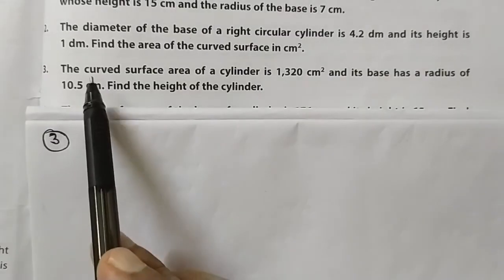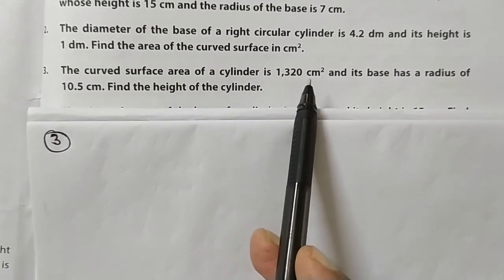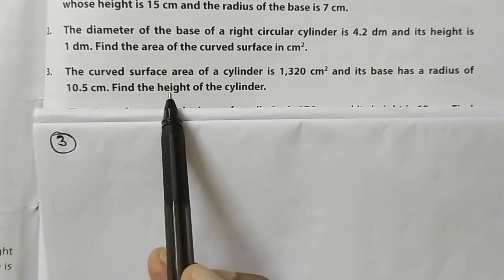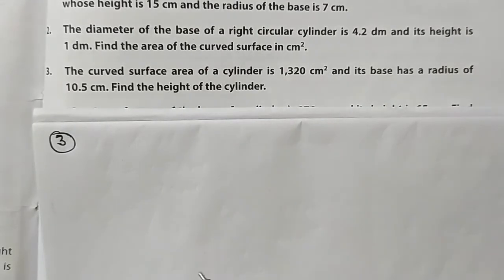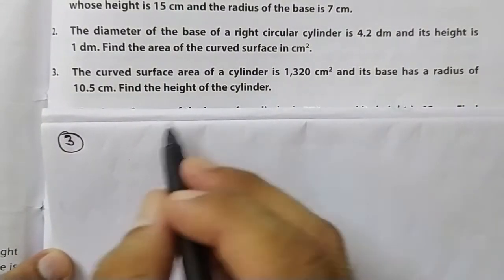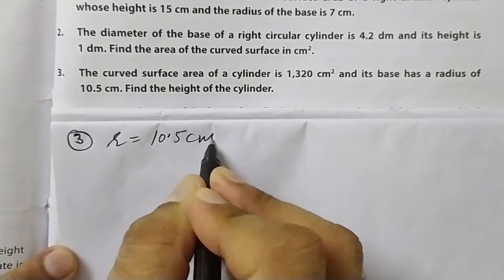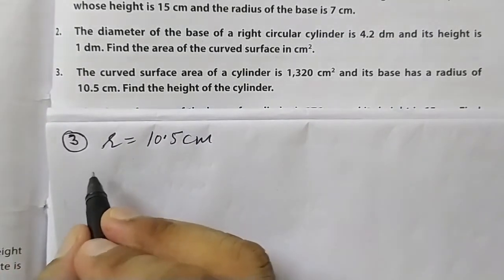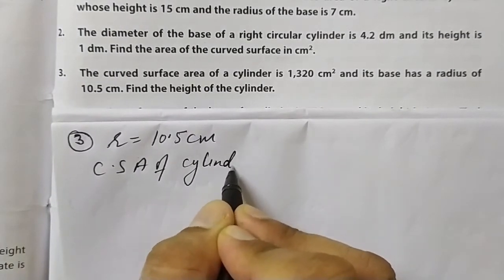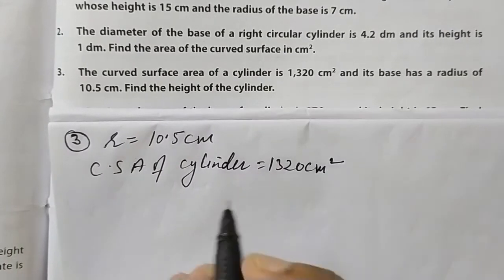In the third question, the curved surface area of a cylinder is given, 1320 centimeters square. Its base has a radius of 10.5 centimeter. Height we need to find out. Okay, so see here, first of all we'll write here radius is 10.5 centimeter, and CSA of the cylinder is 1320 centimeters square, right?